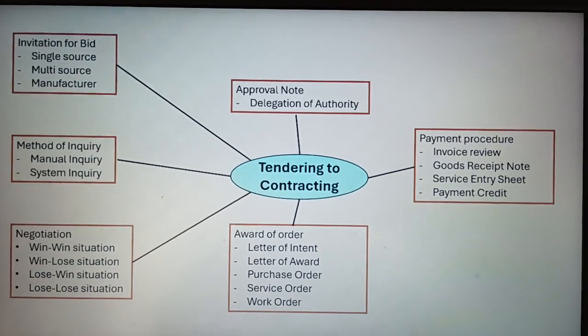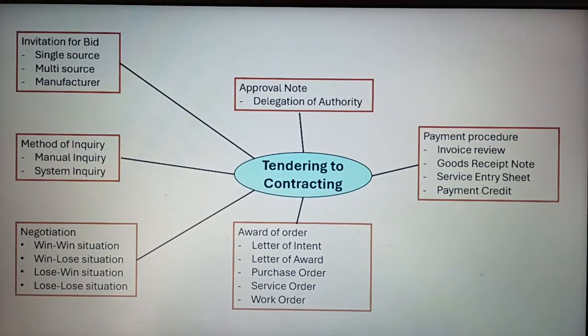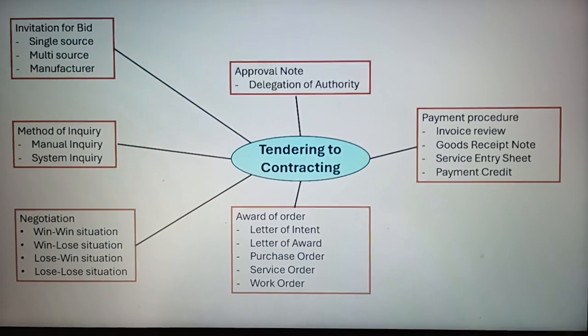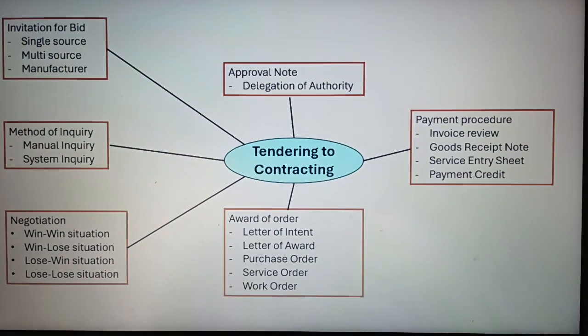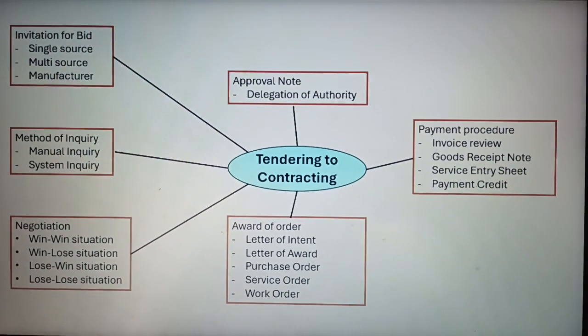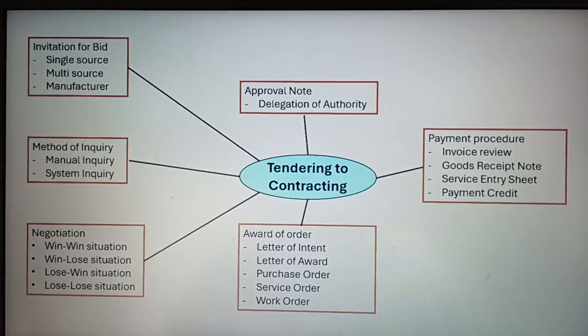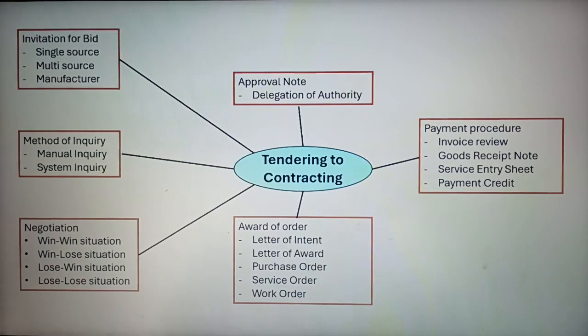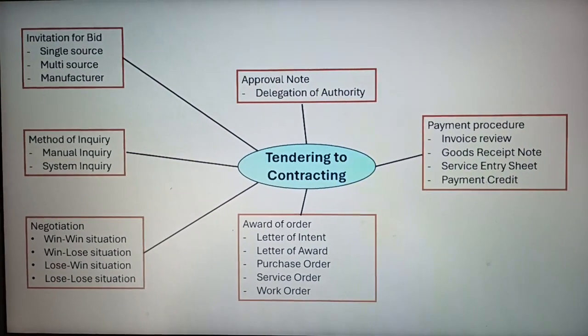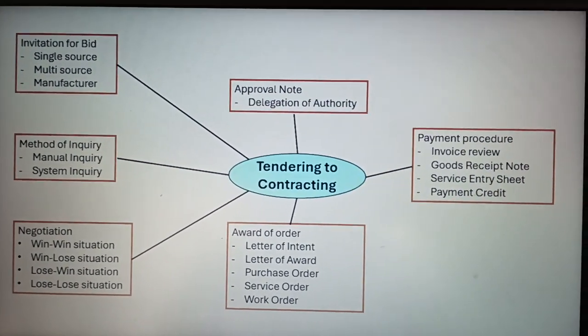they give the invoice. On the buyer side, the buyer's finance department will first review the invoice. Once the invoice matches with whatever quantity they supplied to our premises, they will proceed towards a goods receipt note, GRN.